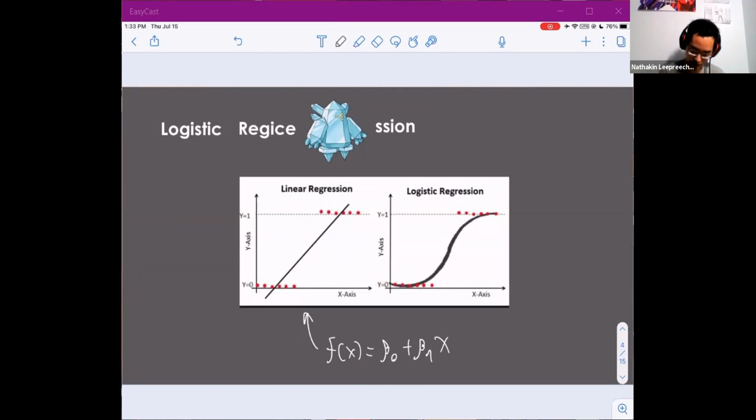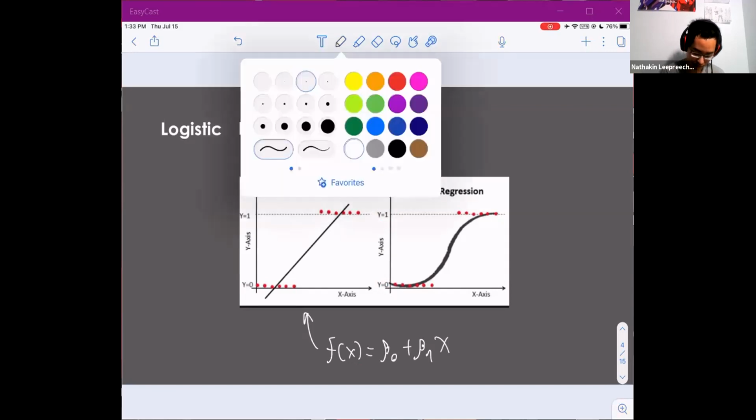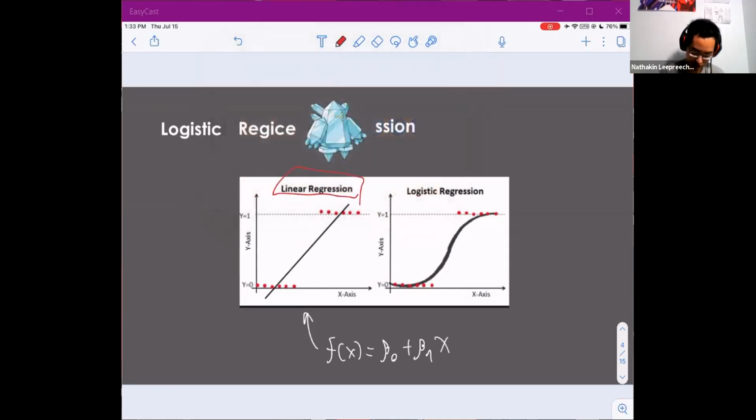So then we're going to transform the linear regression and plot that onto the logistic equation so that we can classify the data. So logistic regression kind of expands the concept of linear regression so that it can serve the purpose in a better sense than using linear regression to do the classification.